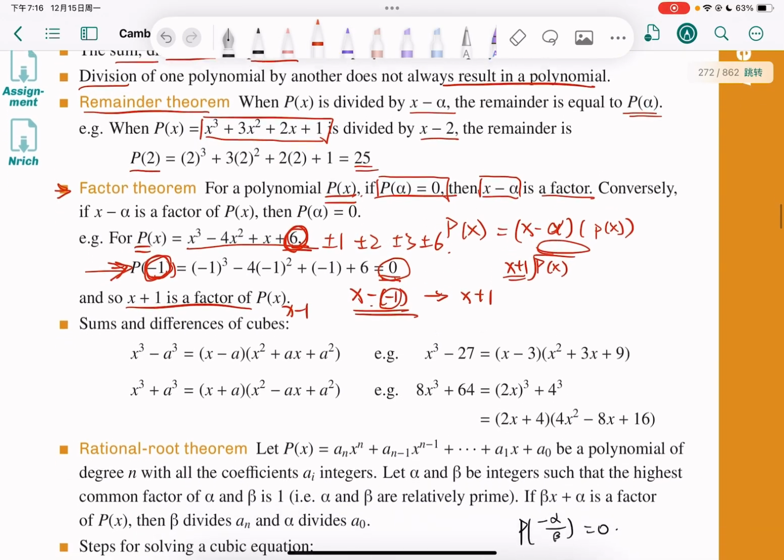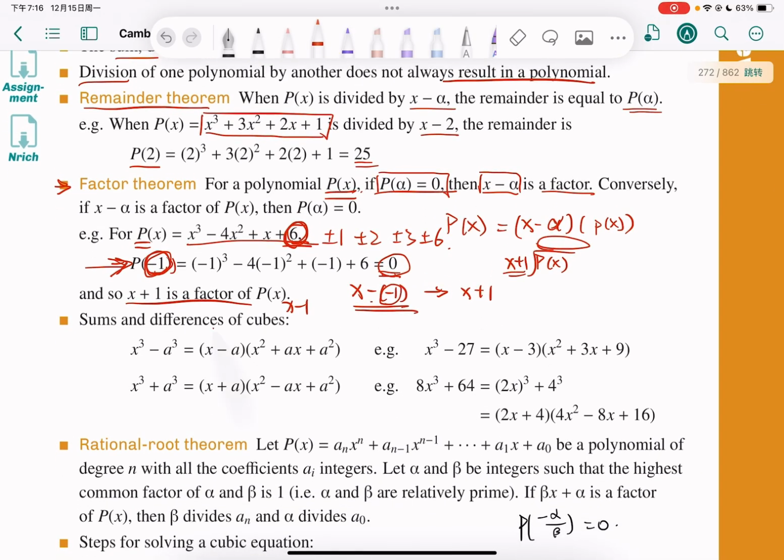Okay, the sum and differences of cubes. So if we have x cubed minus a cubed, then we can factorize it as x minus a times x squared plus ax plus a squared. And if we have a plus here, then it's also plus here, and then here is minus.